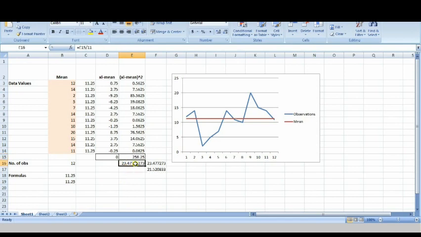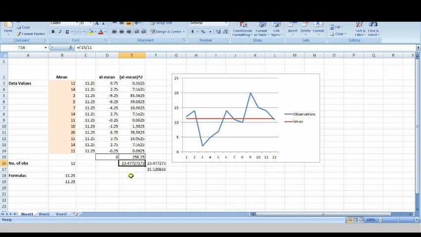Suppose I am dividing it by 12. Now you divide it by the total number of observations. Then what are you doing? You are computing the average squared deviations, right? So the problem then becomes one of units.